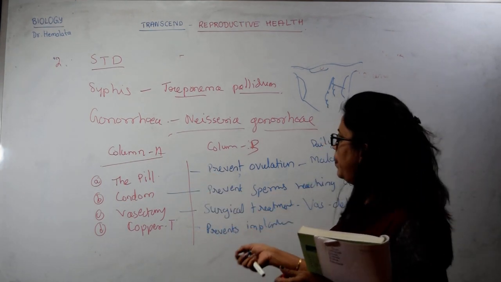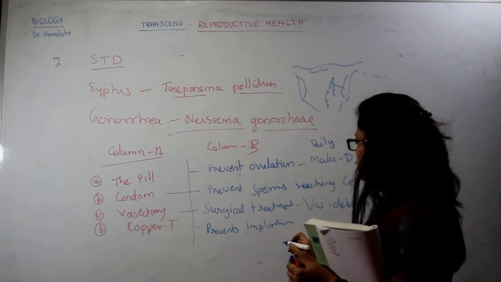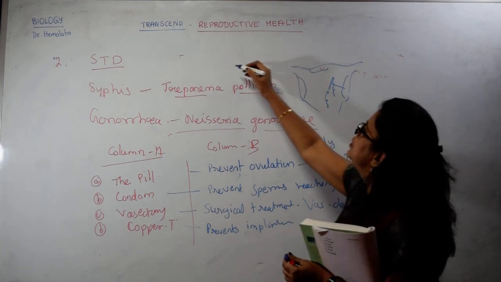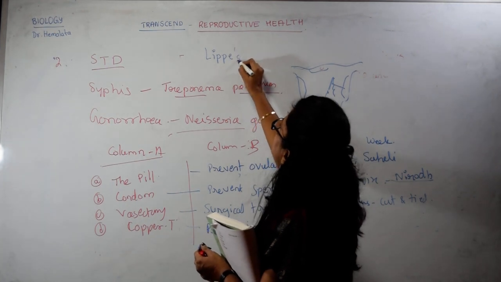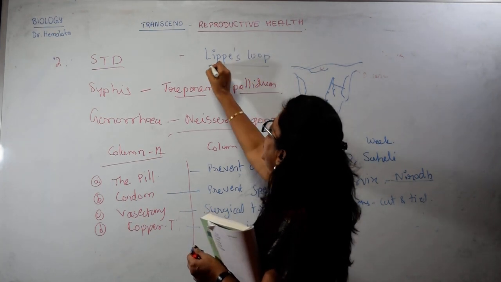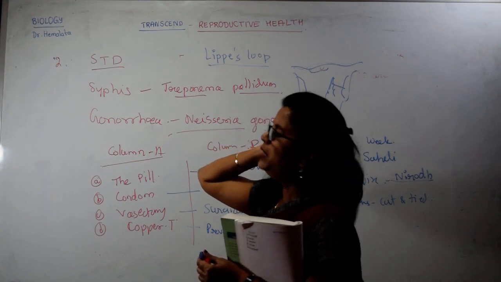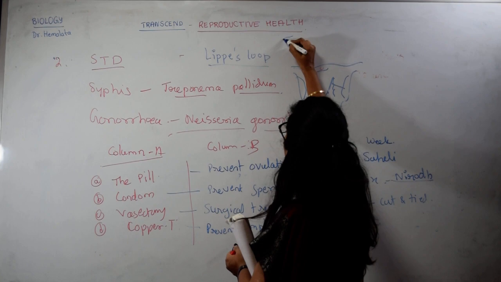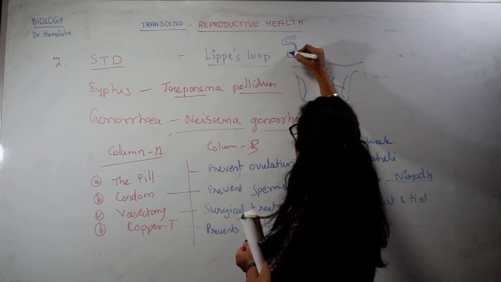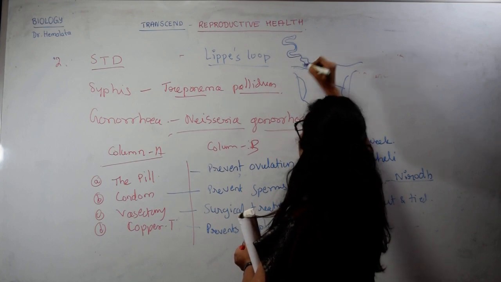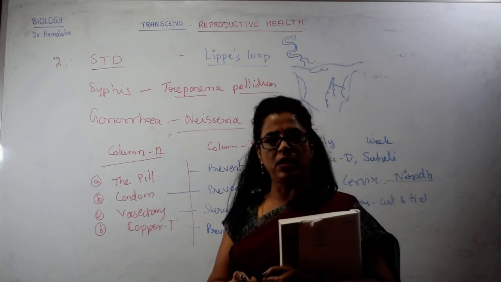Now apart from copper T, there is one more thing available. It is called Lippes loop. Lippes loop is a non-medicated loop which was produced by Lippes. The name of the scientist is Lippes. It is an S-shaped loop, somewhat like this, and it can easily be transferred to the cervical area, but it doesn't contain any hormones or chemicals.